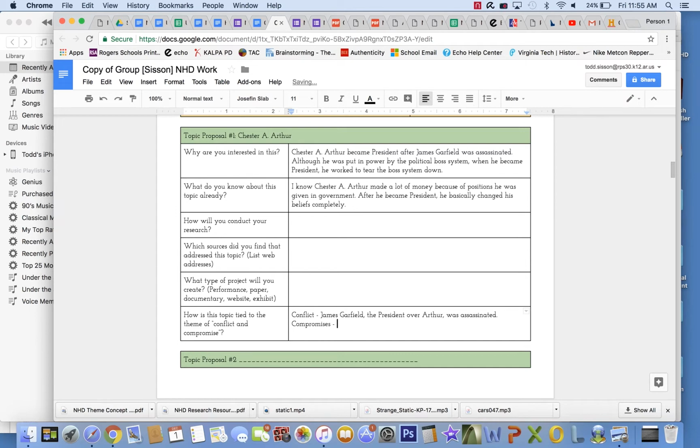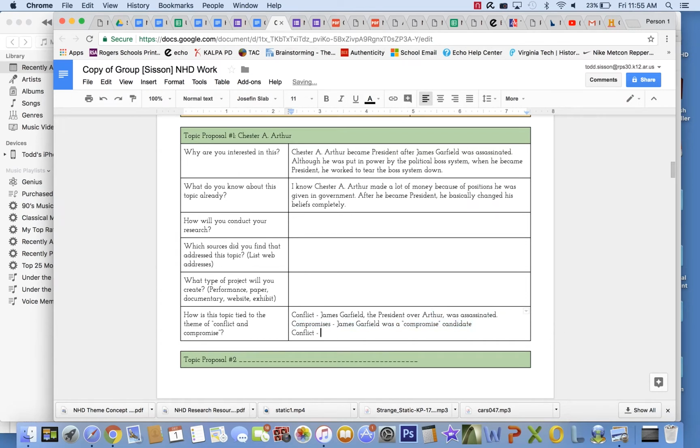Compromises: James Garfield was a compromise candidate. What that means is the Republican Party had two candidates they were trying to nominate, and the two sides couldn't agree, so they put Garfield forward as someone who could take office. And this seems like a pretty critical one because this led to Arthur being president eventually.